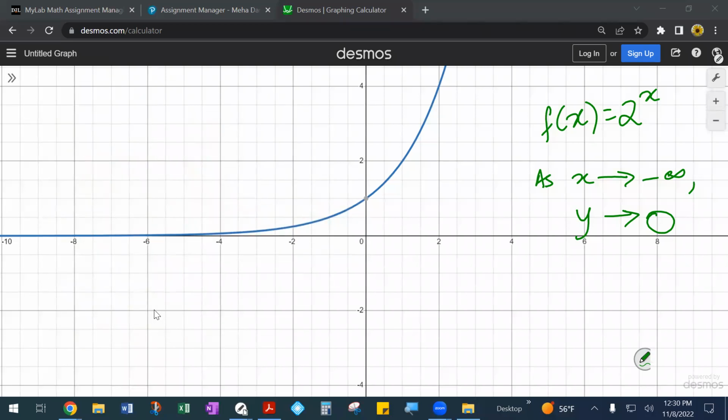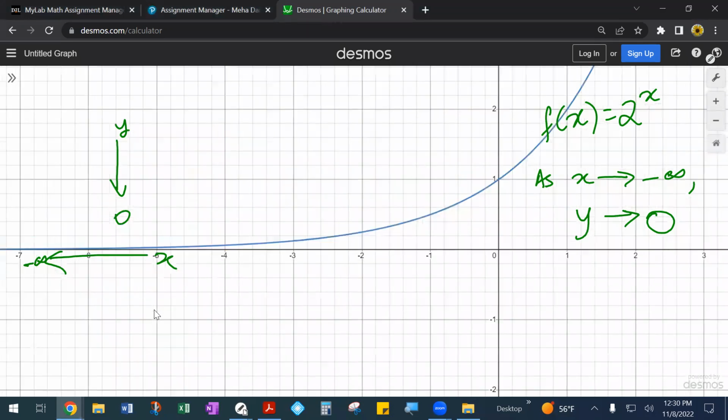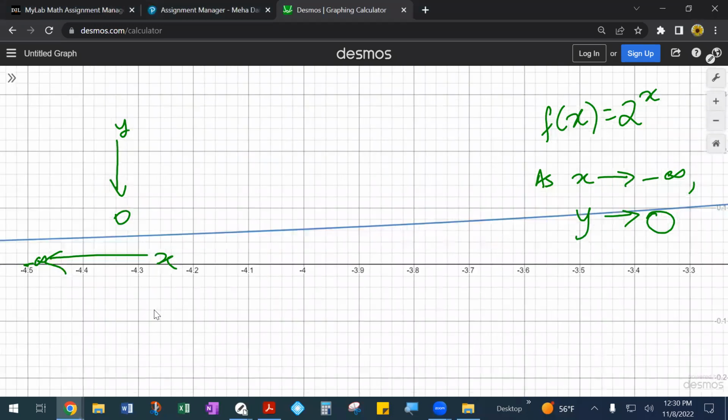So as x is going towards negative infinity, you will see your y value is getting closer and closer to zero, because this is where we start hitting that horizontal asymptote.